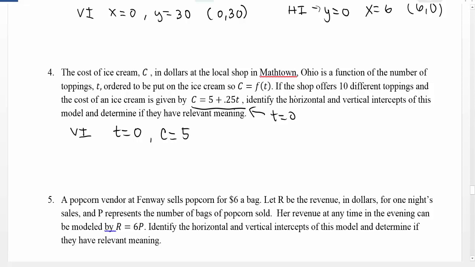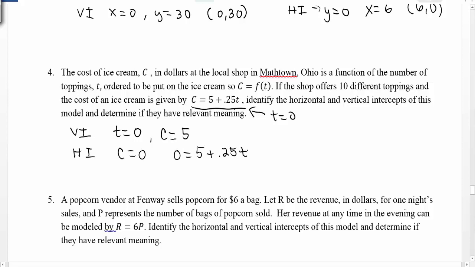Now let's consider horizontal intercepts. So again, for a horizontal intercept, we want to consider when y equals 0. But again, it's not really when y equals 0, it's when the dependent variable equals 0. So here my dependent variable is c. So if c equals 0, then I'm dealing with the fact that 0 equals 5 plus 0.25t.